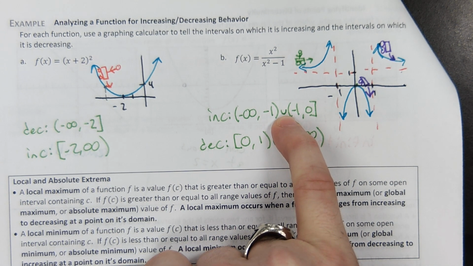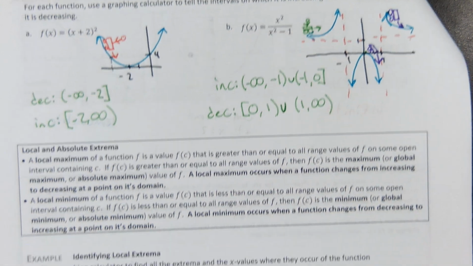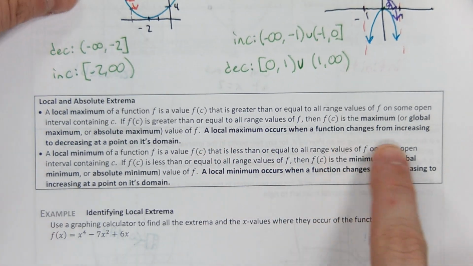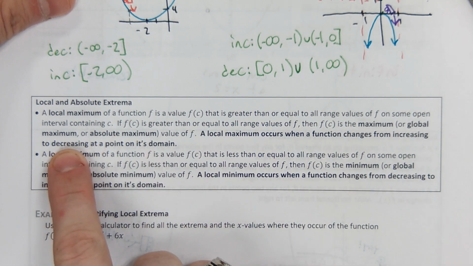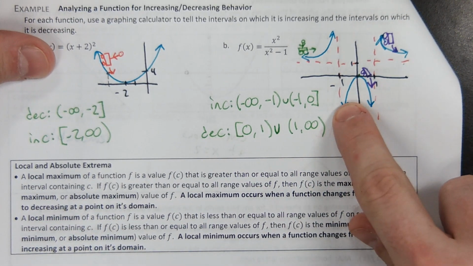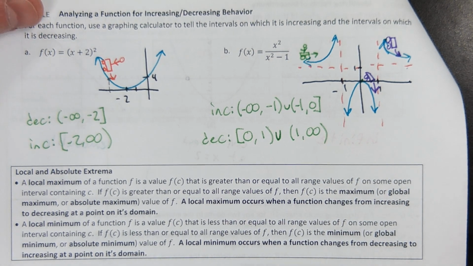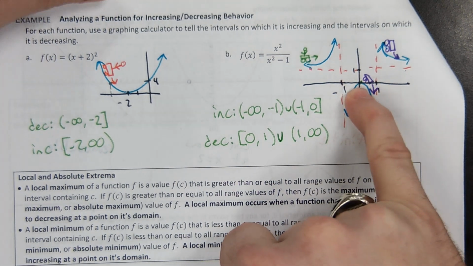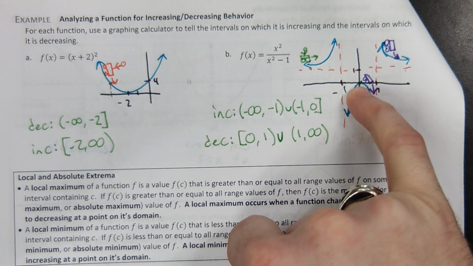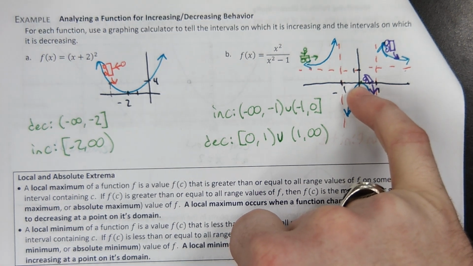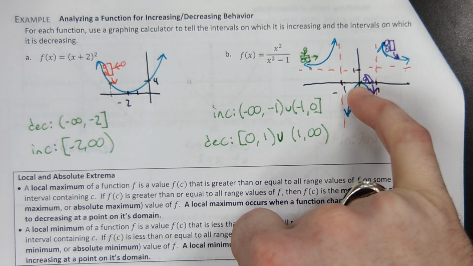Since -1 is not on my domain, I wouldn't have said that was a local anything. It has to be a point that exists for the graph. So if you go from up to down, like we did right there, you have a local maximum. So there is a local maximum at x equals 0. That max value there happens to also be 0, coincidentally.